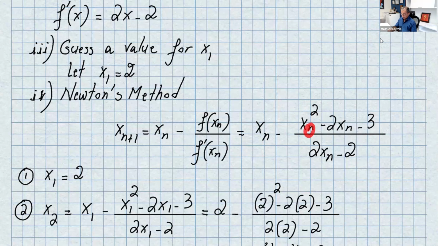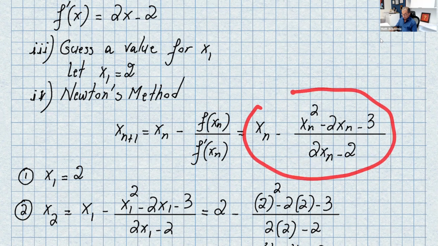So I just put x sub n for the x's. Now we picked x1 to be equal to 2. Let's find x2. x2 is x1 minus (x1 squared minus 2 x1 minus 3) over (2 x1 minus 2).